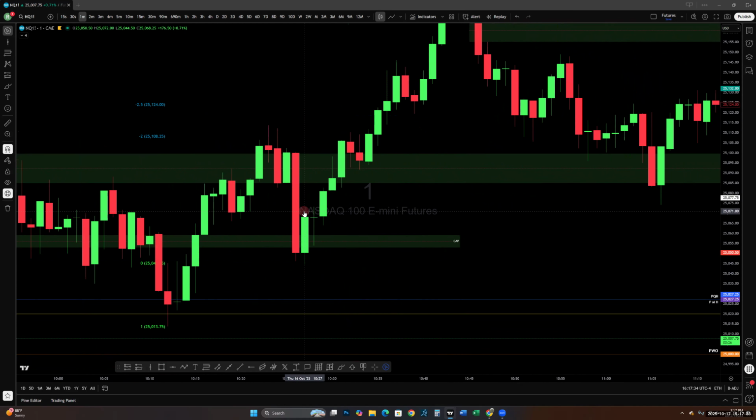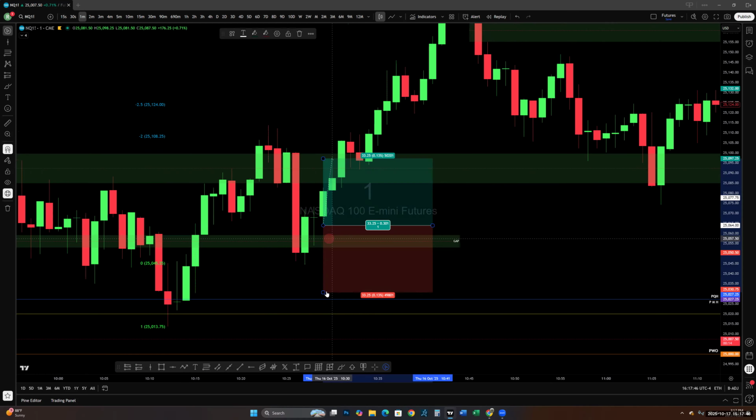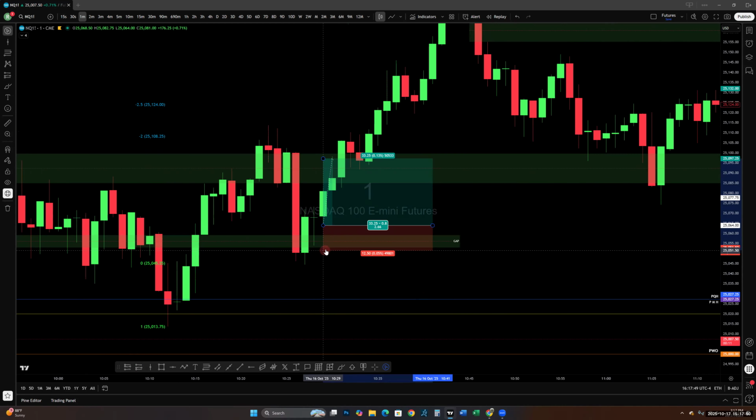On this green candle, let's say you enter when you see that this is making a wick, you're gonna enter right here, let's say. Then your stop right under.